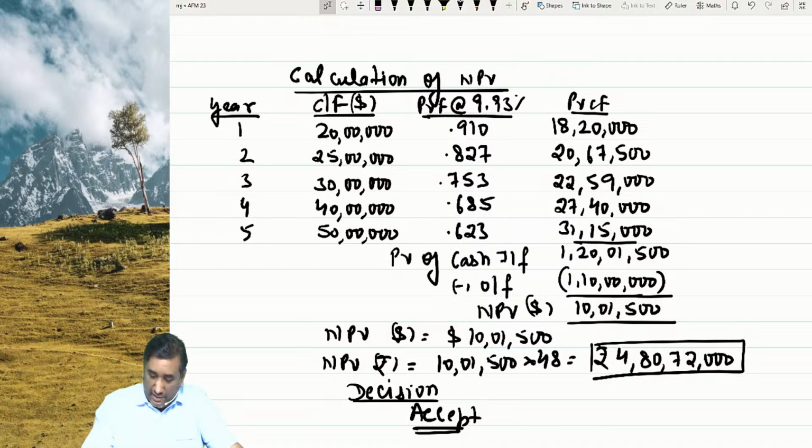So my PV of cash inflow comes out as 120,10500. Outflow is 1,10,000. NPV in dollars, convert at spot rate in rupee term. Cross check your numbers, please.